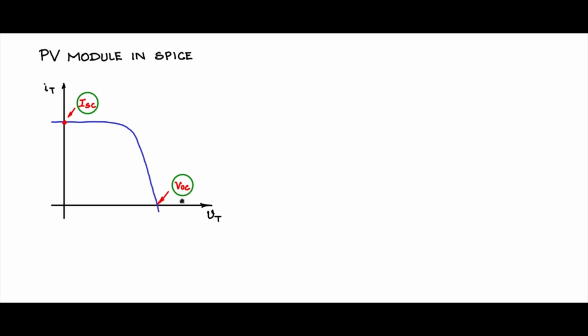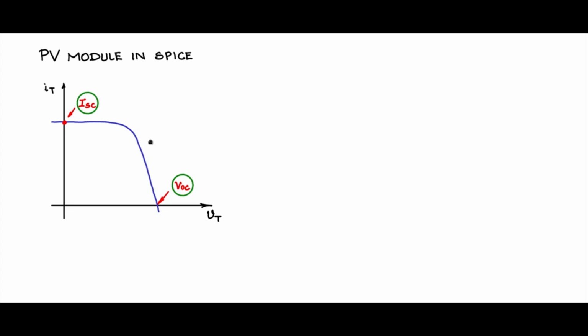Now these two parameters we should be able to define for the PV module model which is in SPICE. Then only we will be able to perform the simulation of interfacing power converters with PV module and further check whether maximum power point tracking is occurring for various different types of modules.